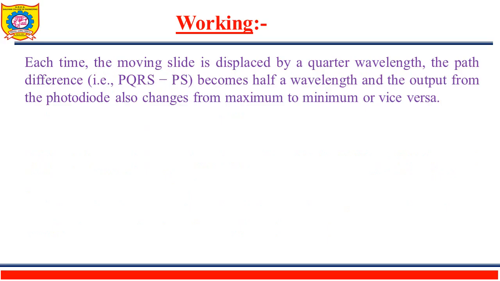Each time the moving slide is displaced by a quarter wavelength, the path difference PQRS minus PS changes by half a wavelength, and the output from the photodiode also changes from maximum to minimum or vice versa. So this is the working of the laser interferometer.